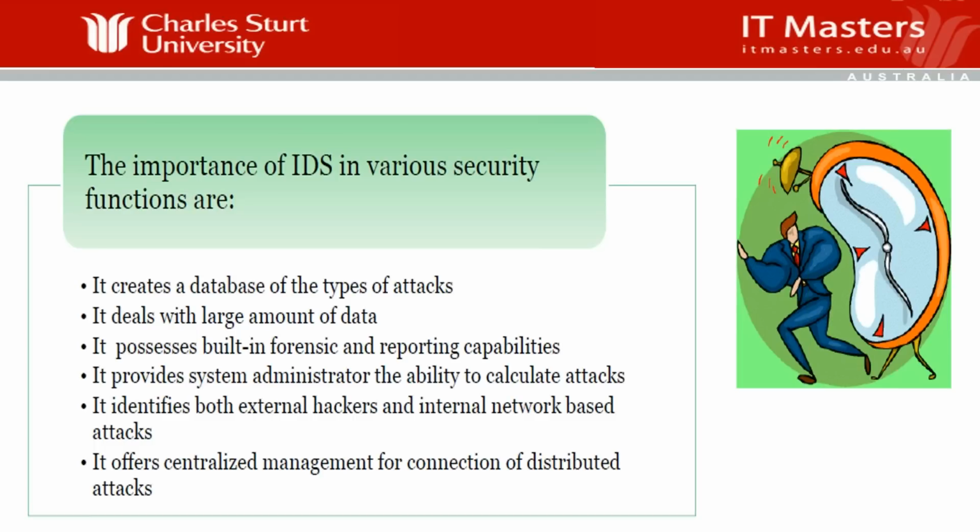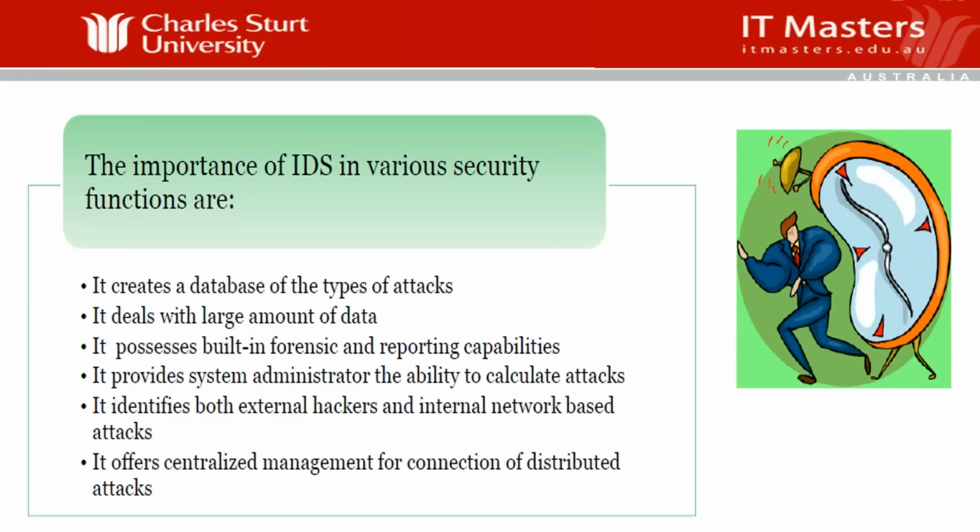Niaz, I saw your question. What are some types of IDS/IPS? You're going to see this very shortly in the slide deck. Okay. What is the importance of an IDS? First of all, to provide security functions. So it should have a good database. It should be able to identify attacks. It should be able to deal with a large amount of data, right? The pipe should be good.